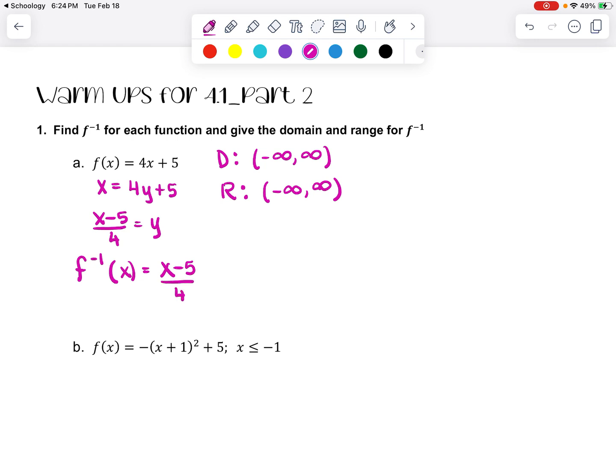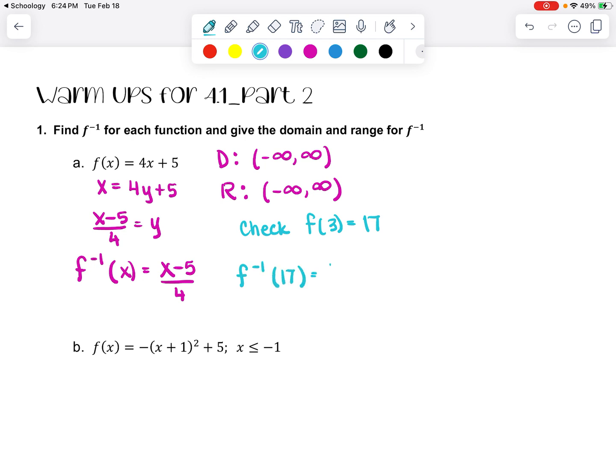Okay? How can we check? Well, we can put in a number. Let's go with f of 3, which is 12 plus 5, so I think we're going to get 17. So what we're going to do is check f⁻¹ of 17.